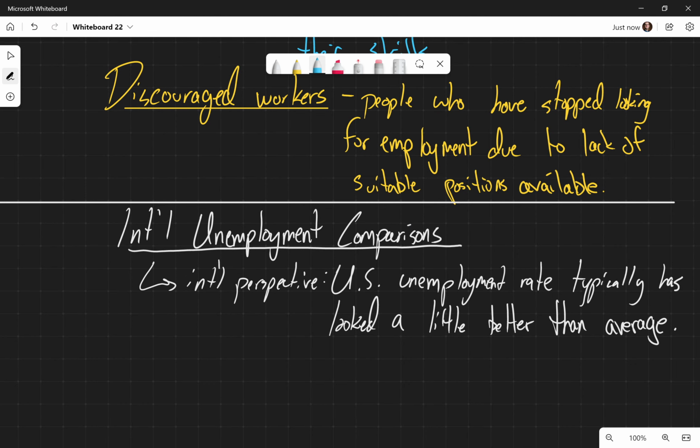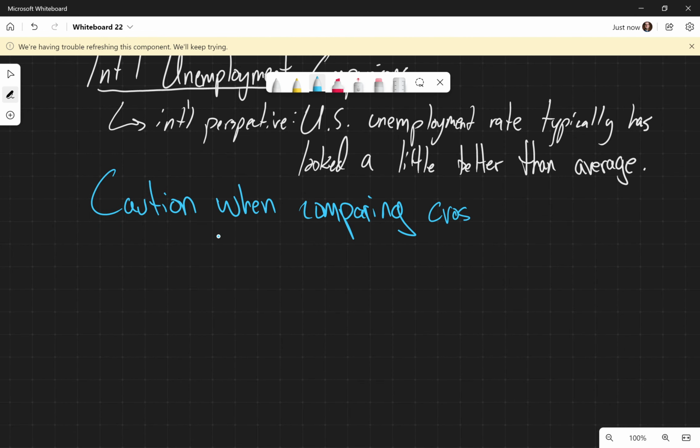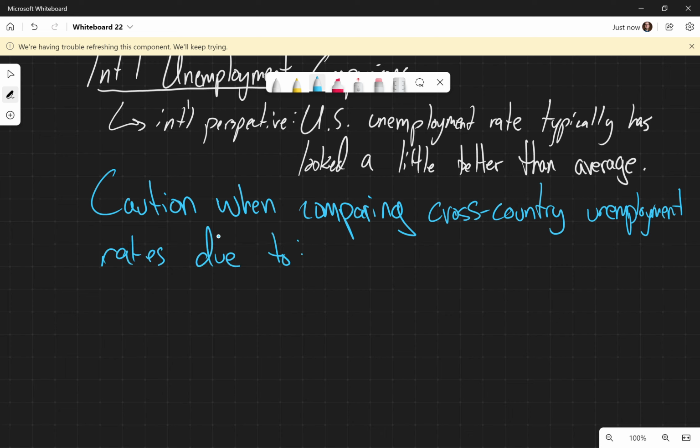So we have to exercise caution when comparing cross-country unemployment rates, due to different definitions of employment and unemployment in these different countries.